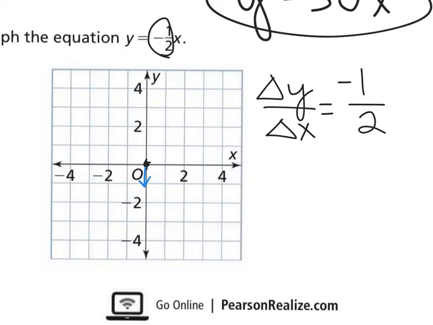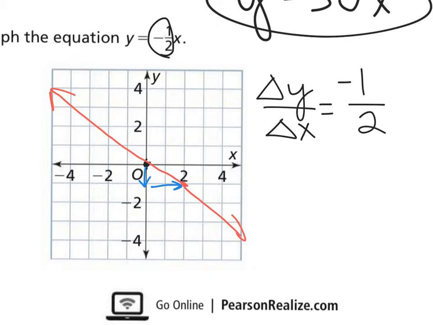Since change in y is negative, we go down. And then change in x is 2, so we go to the right 2, and that would get us to another point on the graph. So this would be what the graph's looking like, kind of. When you draw this out, a good idea, if you've got a ruler, or just use the edge of a piece of paper, is to make a nice straight line.